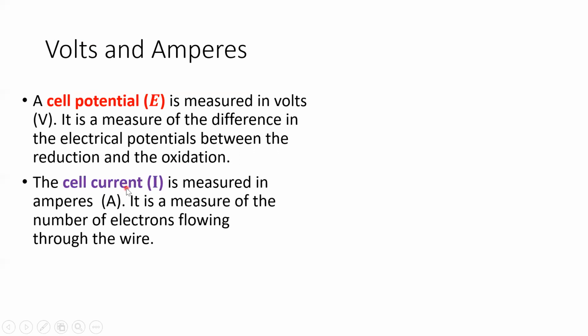When we use the term current, the symbol that we have for current is a capital I. The units are amps, which is a capital A. And it's a measure of the flow of electrons through a wire.